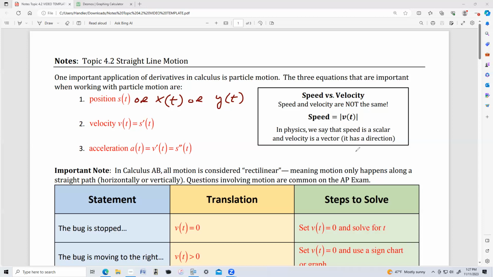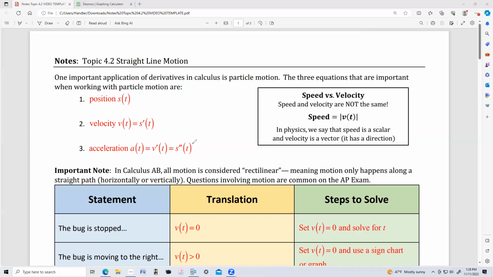But if you were heading west, you would not say I was going negative 75 miles per hour, because they'd think you're crazy. So the negative could indicate direction, such as east could be positive and west could be negative. But with speed, we strip away the sign and just talk about the scalar.